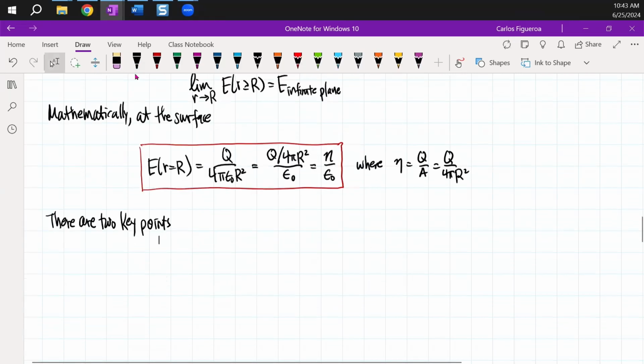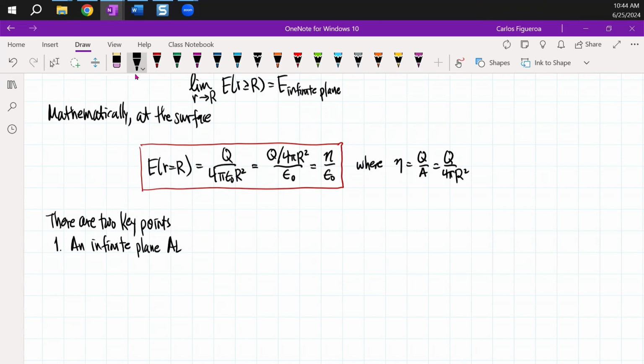The first point is that an infinite plane always has its field perpendicular to the plane.